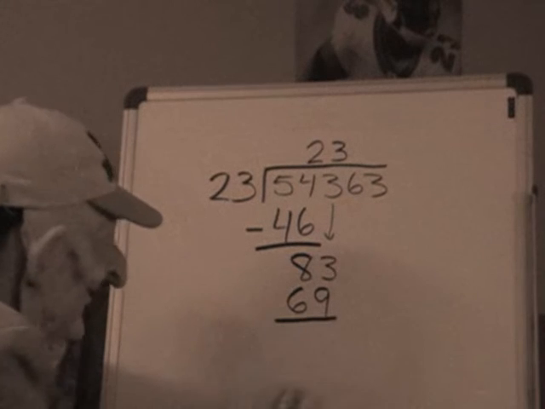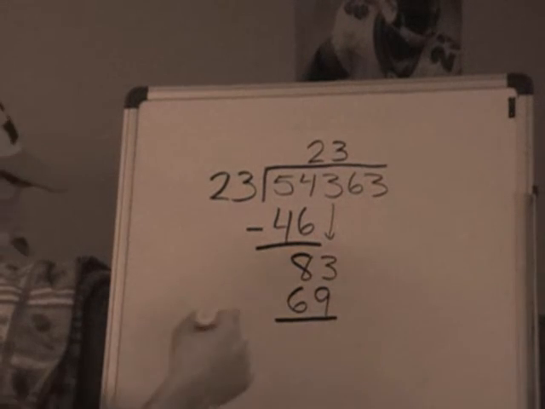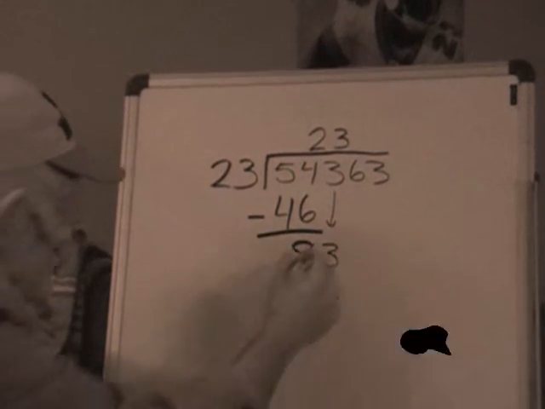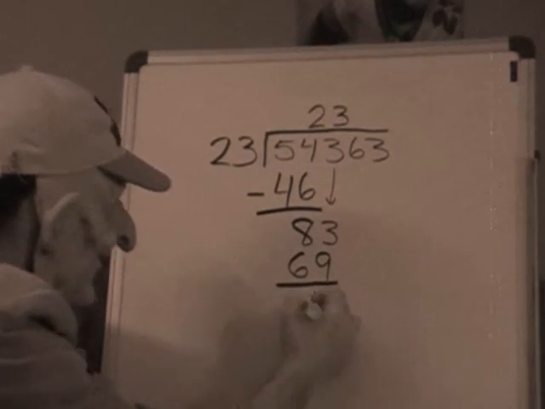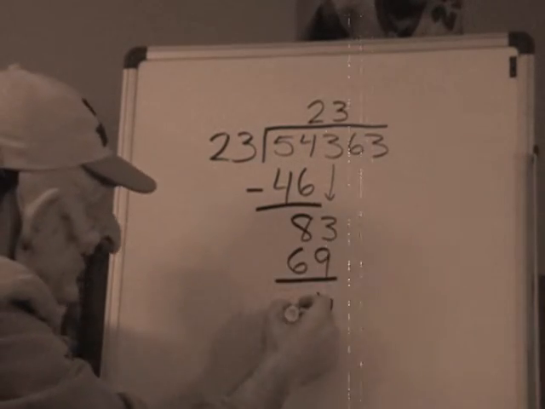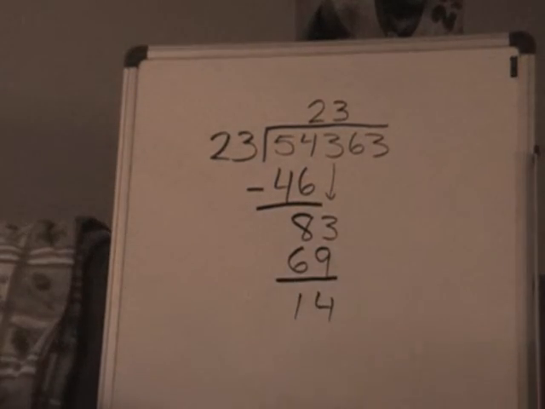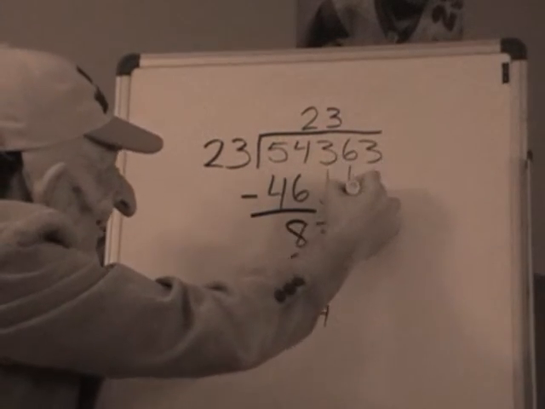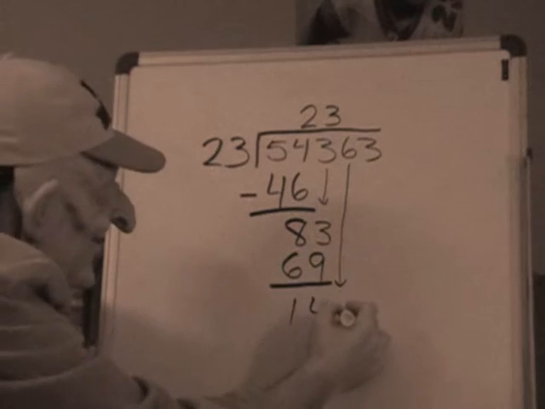And I subtract. Well, let's see, 13 minus 9. Oh, that would be, let's carry the 2. That's going to be 4. Borrow, and it's going to be 7. And it's going to be minus 1. That's a 14.